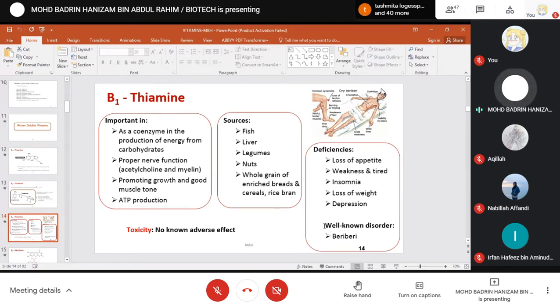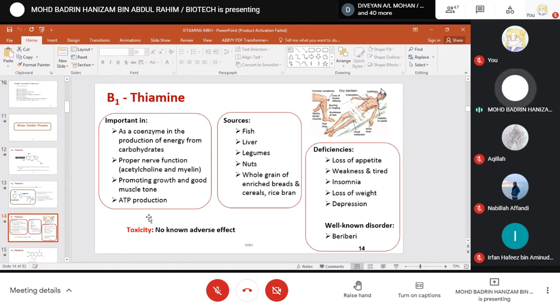For example, the well-known disorder is beriberi. It's very common in African continents, some of the very unfortunate areas like Somalia and so on. That region doesn't have enough supply of good quality food. So that's why we can see it in that area.